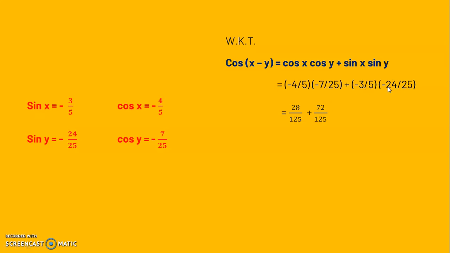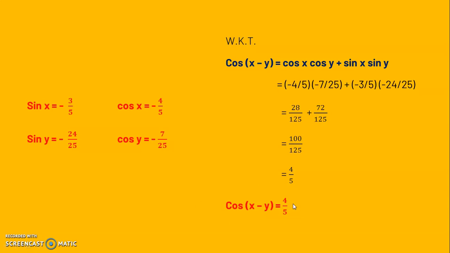So 3 into 24 is 72 and 5 into 25 is 125. So the answer will be 28 plus 72 is 100 divided by 125. So if we cancel this with the help of the 25 table, we get 4 divided by 5 here. Okay. So cos of x minus y is 4 divided by 5 here.